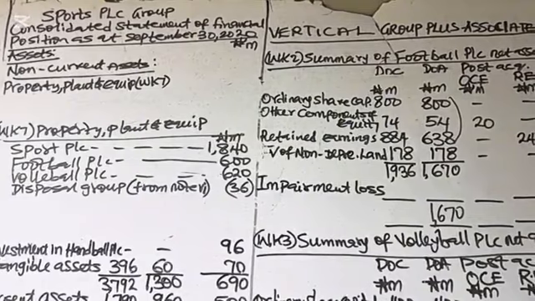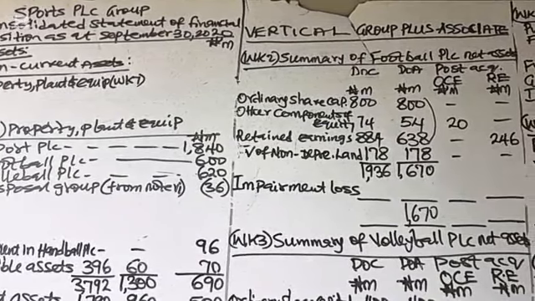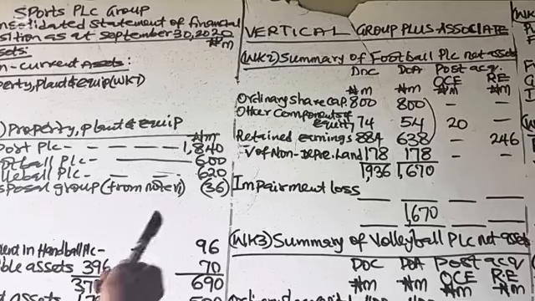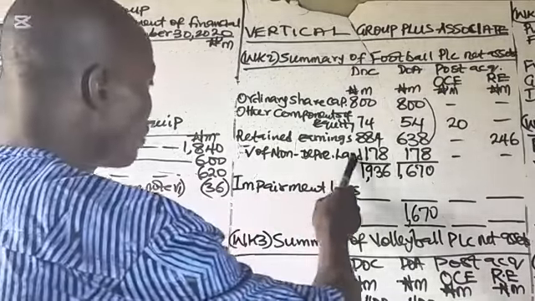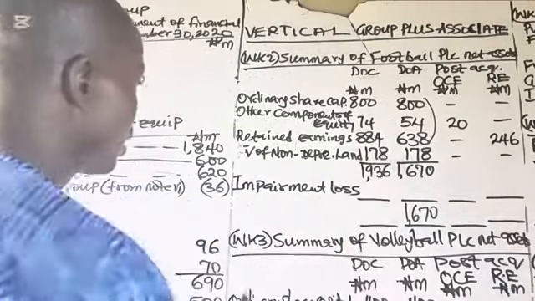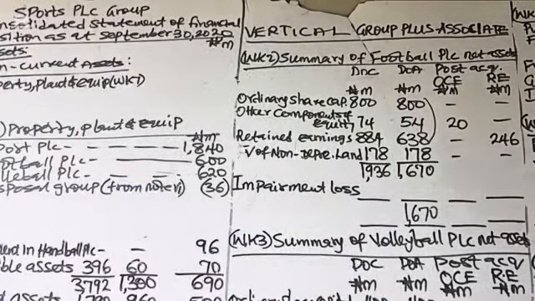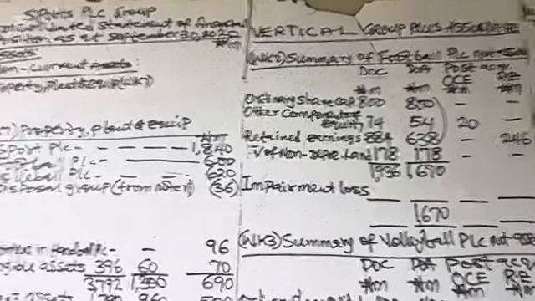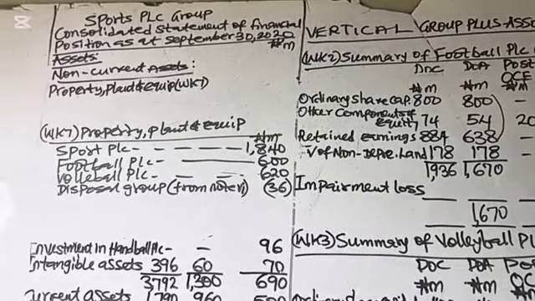Now, from the summary of subsidiary net assets, you have the fair value of non-depreciable land 178 for football.